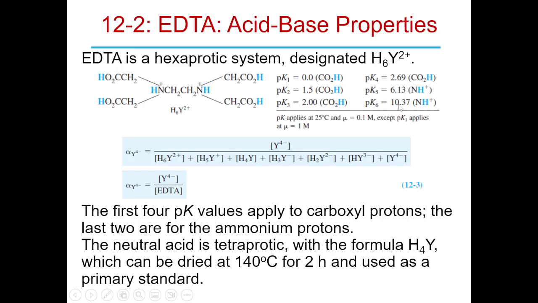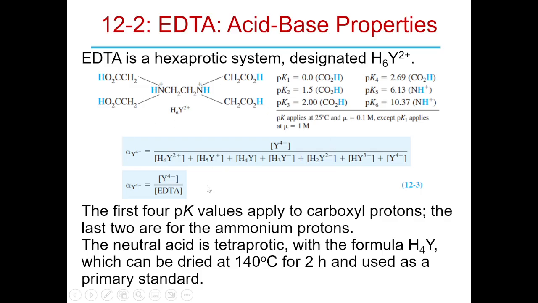Notice what pH you would want to get around to be in the Y4- form. You look over here, you'd assume something up in the pH 10-ish, right? Like 10.5, 11 should do it. See that okay? Okay. Fantastic.